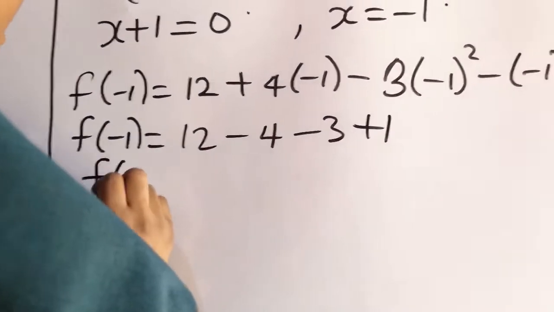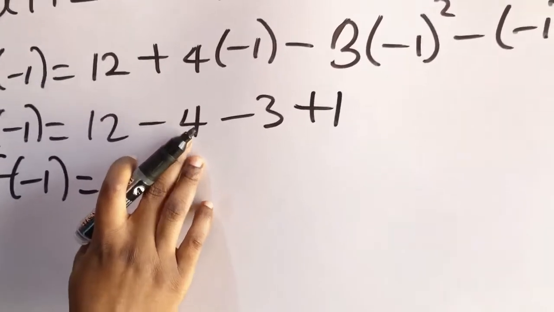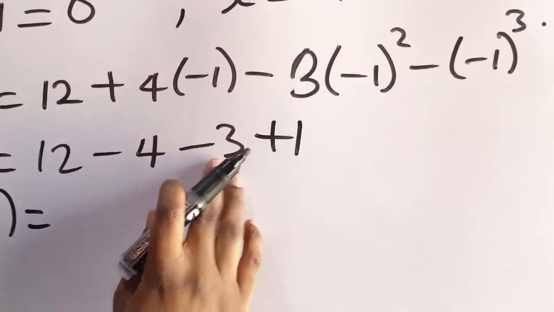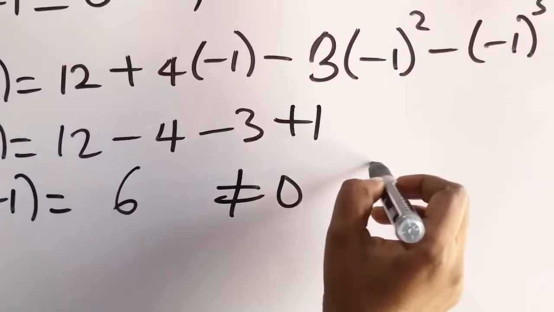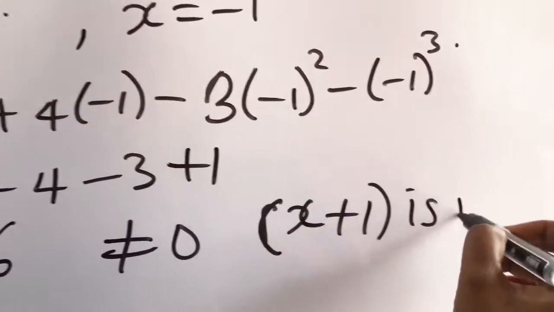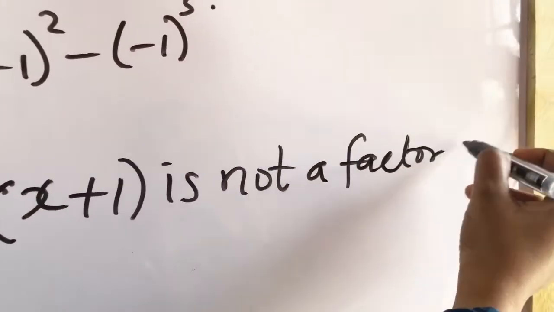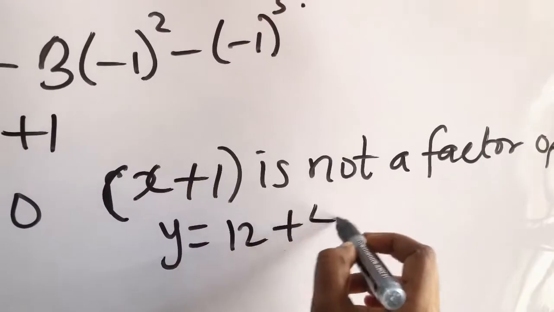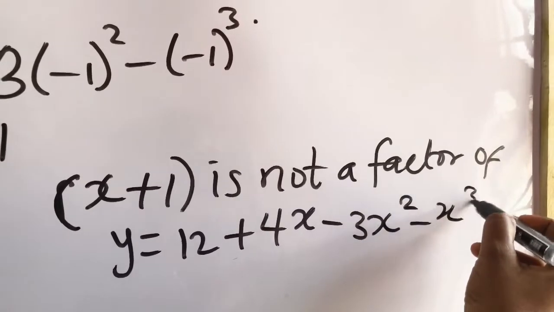So f of minus 1 will be equal to 12 minus 4 is 8. 8 minus 3 is 5. And 5 plus 1 is 6. We can say that it is not equal to 0. That means x plus 1 is not a factor of y, which is equal to 12 plus 4x minus 3x squared minus x cubed.